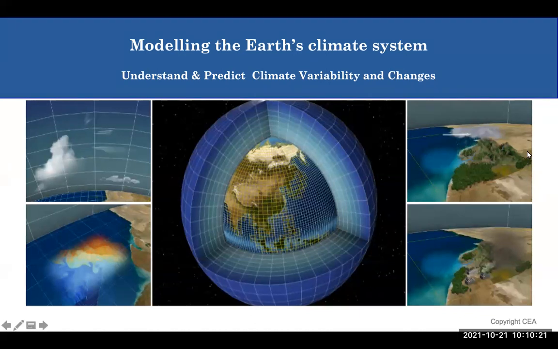And then top right, you have the representation of land with vegetation and the air going from the ocean to the land for the water vapor cycle.